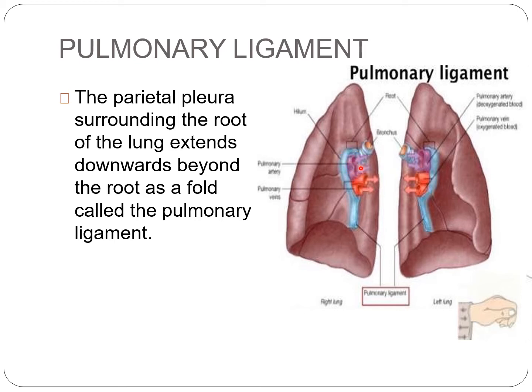These structures together suspend the lung in the mediastinal cavity, and that is called the root. So the parietal pleura surrounding the root of the lung extends downward as a fold. That is called the pulmonary ligament, of the right lung and the left lung.